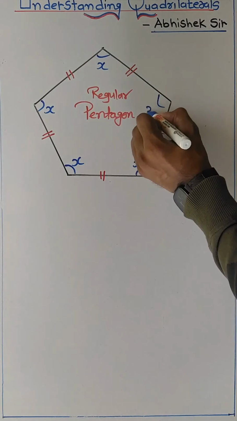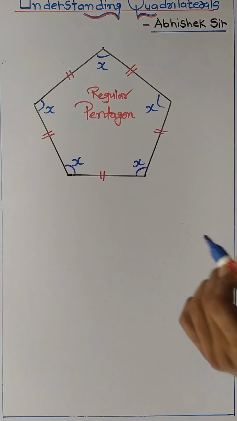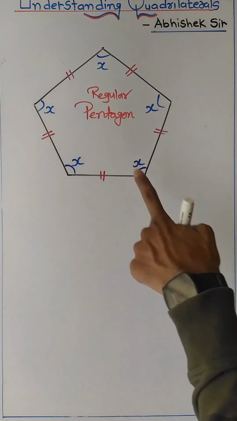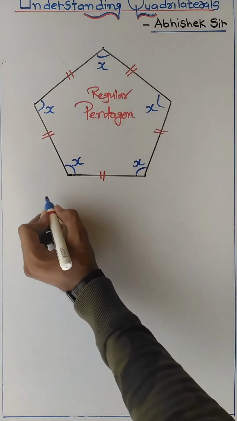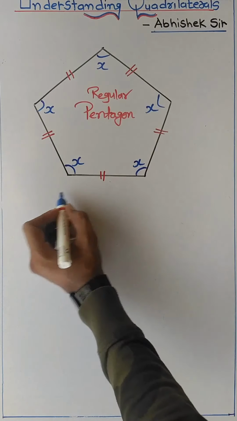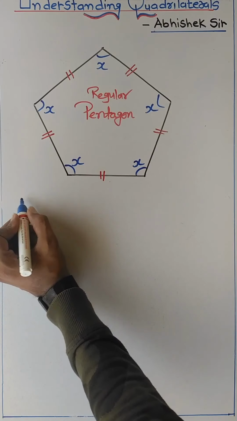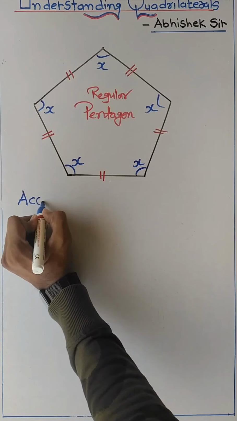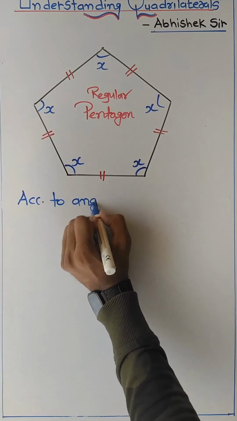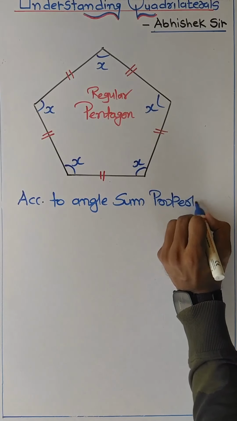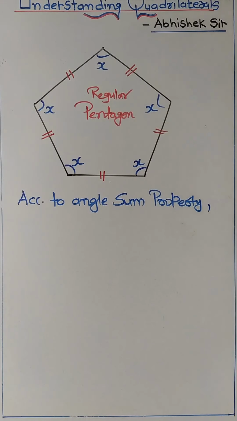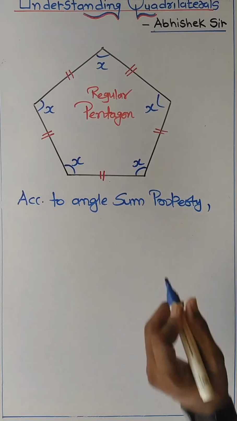So here we don't have any information related to the angles, we will only use the angle sum property, and the angle sum property will tell us the total of these 5 angles. As it is a pentagon, we will be finding the angle sum. So according to the angle sum property, be very careful, as we don't have any value, we will apply our mind.